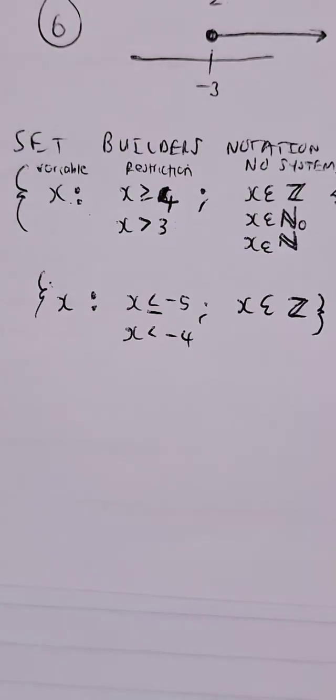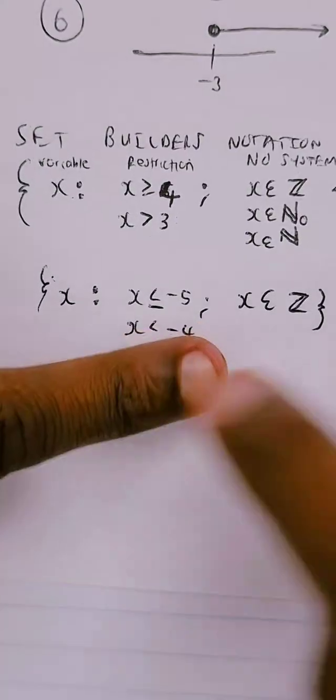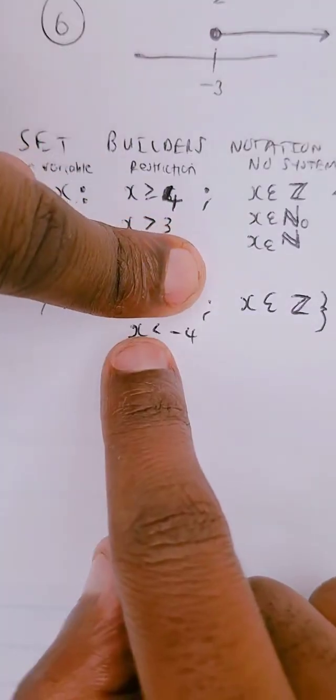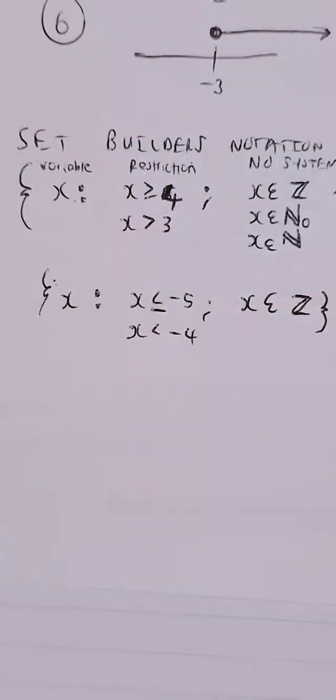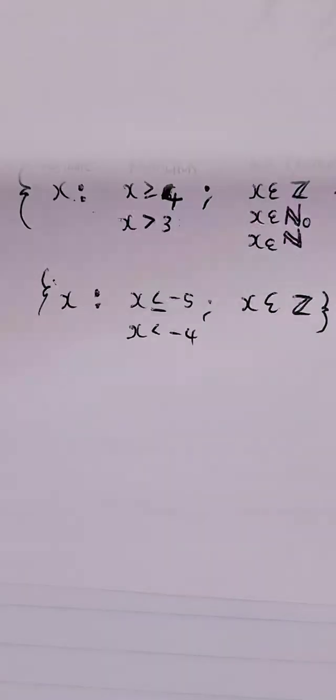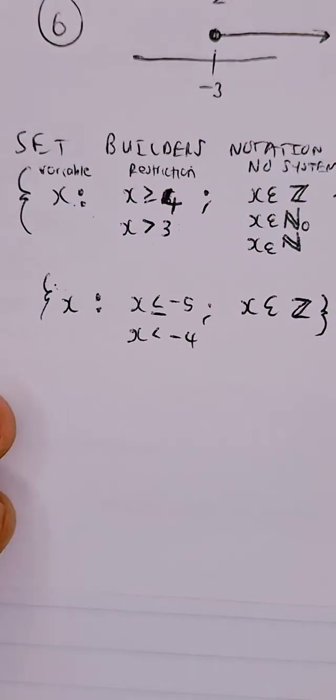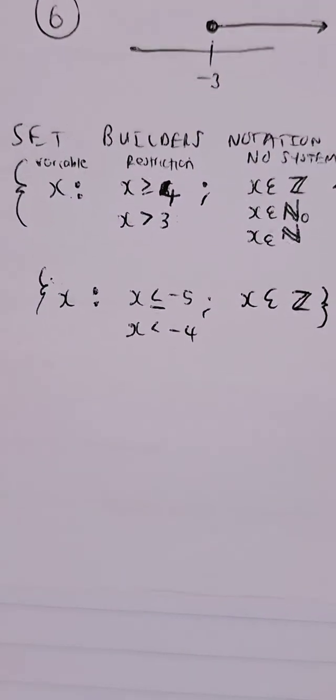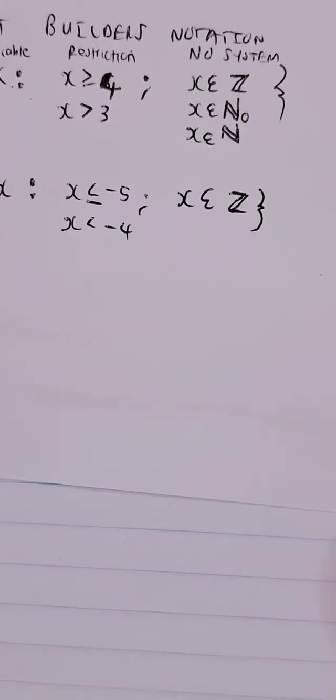Of integer values, right? So we could write x such that x is less than -4, where x is an element of integers. Guys, I just wanted to bring that to your attention because it's an important thing and sometimes it comes up.